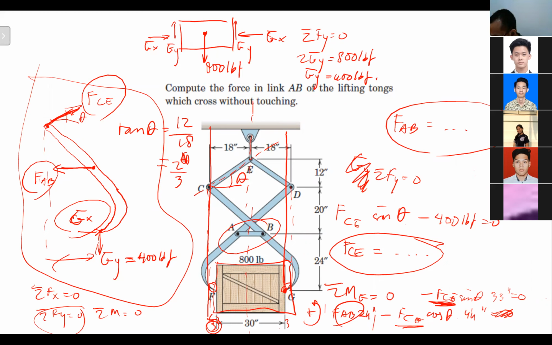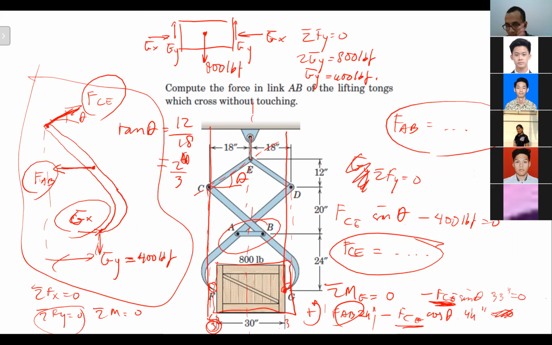You can see, right? The width of the crate is 30 inches, correct? Yes, sir. And then from C to D, the width there is 18 inches plus 18 inches, right? Correct, sir. So from C to D, the horizontal distance will be 36, right? Yes.